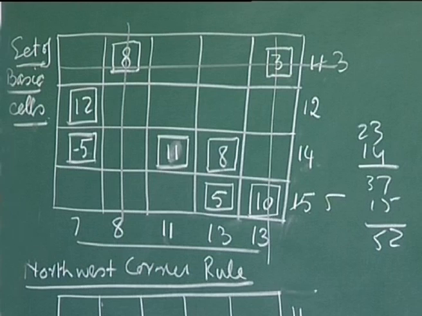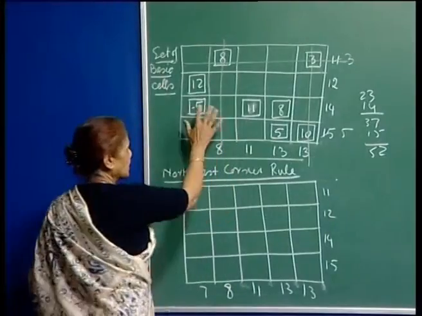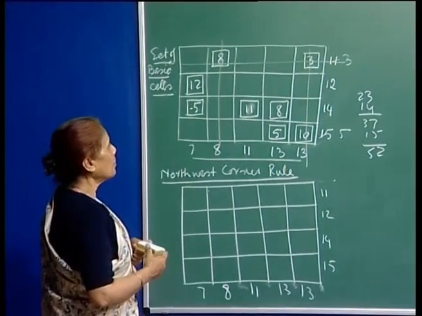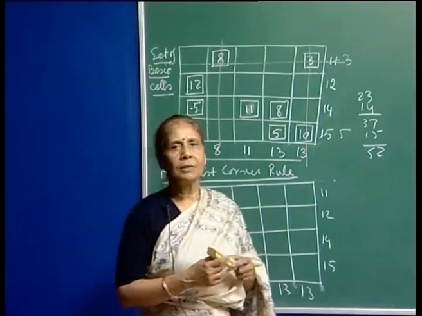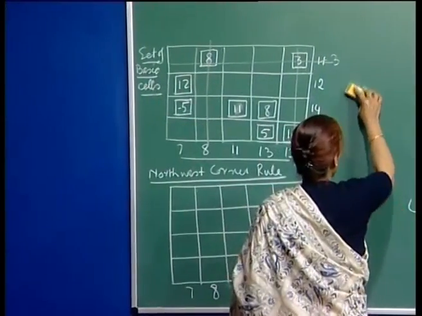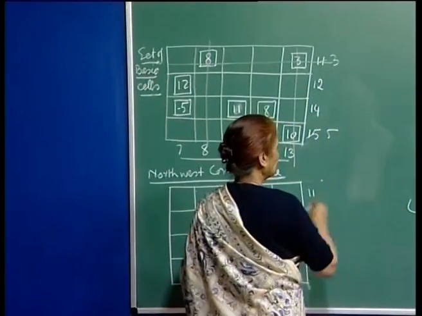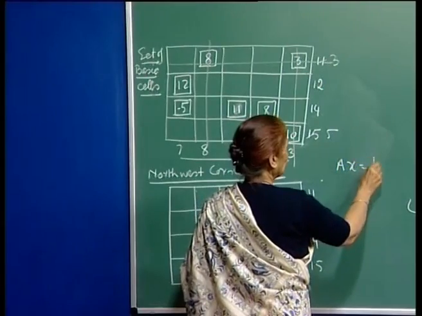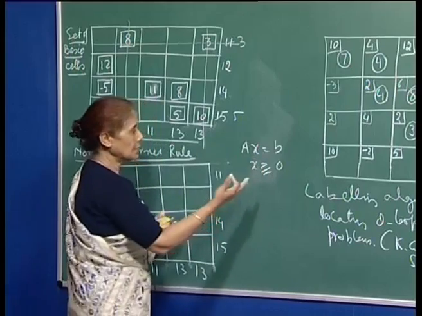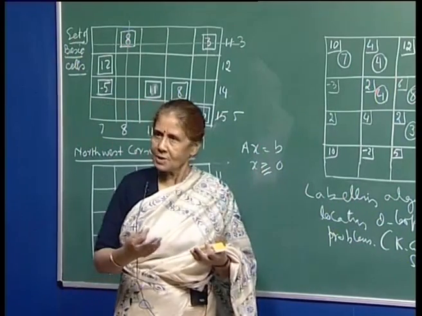But this is what I wanted to show you through this example, that this is a set of basic cells. It satisfies the conditions for being a set of basic cells, but it will not lead you to a basic feasible solution. Okay, which means, as you saw when you were looking at the system Ax equal to b, x greater than or equal to 0, we had a basis which need not lead us to a basic feasible solution.